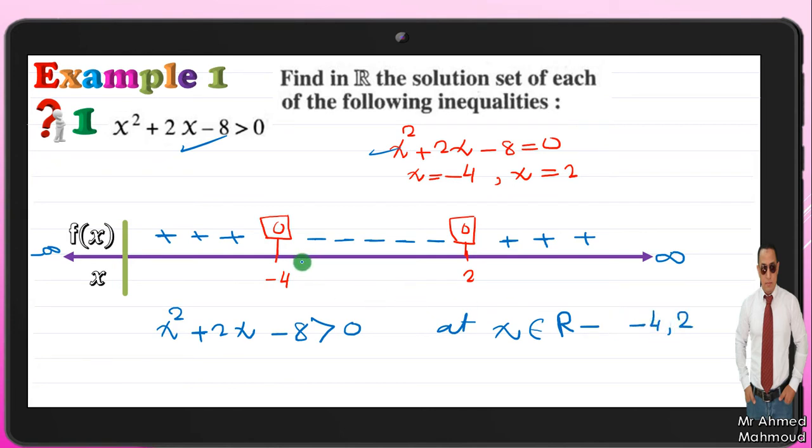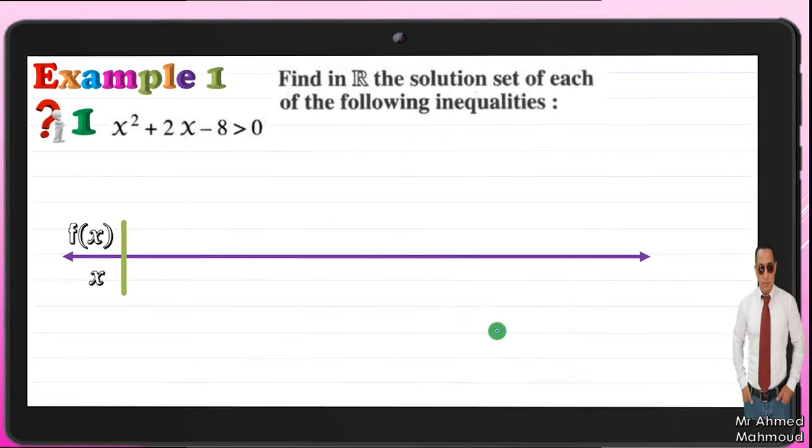And here I'm going to make it closed because I don't need the negatives or the zeros. So I need the positives only. Or you can write it as negative infinity to negative 4 opened, union 2 opened to infinity opened. Both are correct. Let's start the next example.